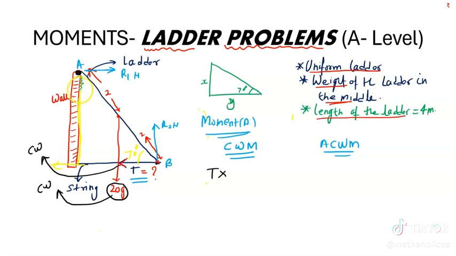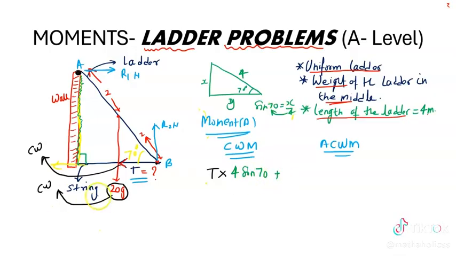Let me make a zigzag line here. See, it is making 90 degrees. This we have taken as X, and this is 4. So sine 70 equals X over 4. The perpendicular distance will be X equals 4 times sine 70. So it should be T times 4 sine 70.